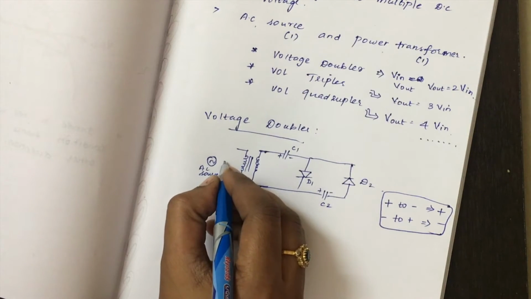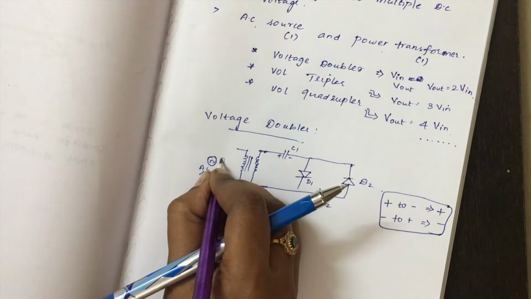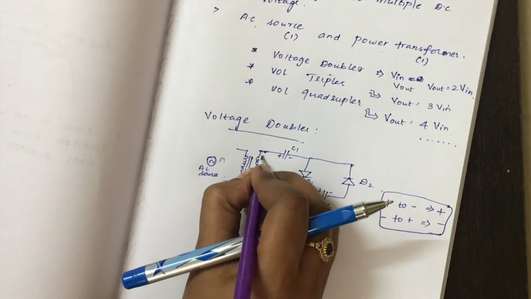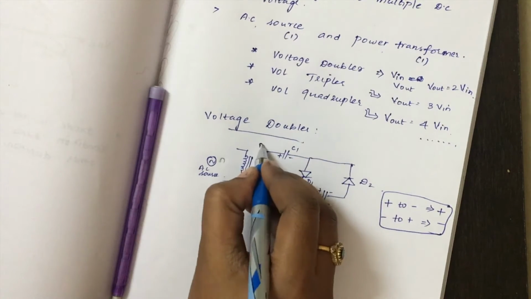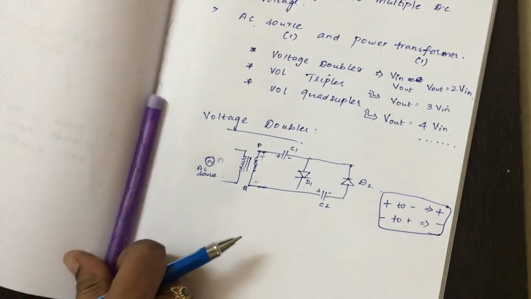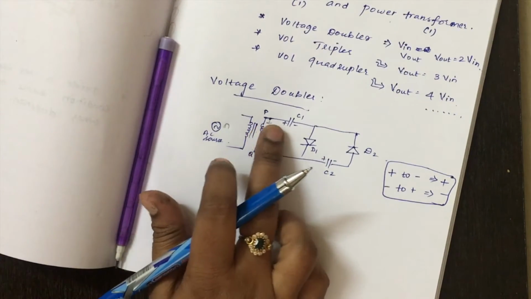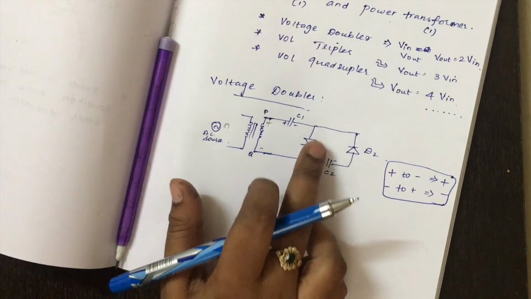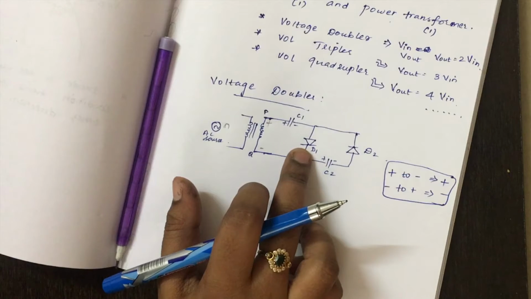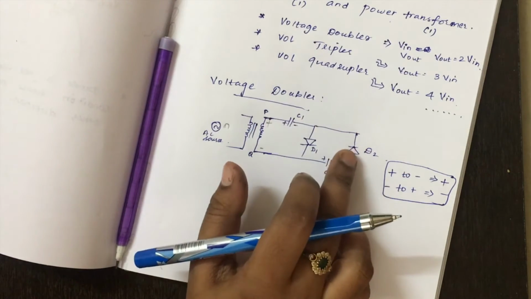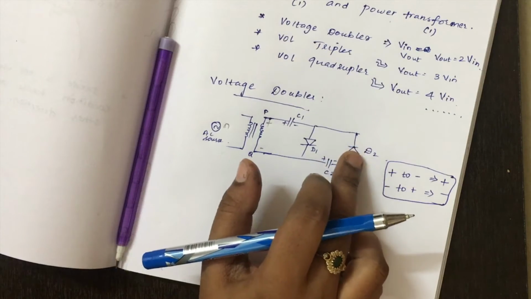When the positive signal is applied, this will become plus, this will become minus. Say this is P and this is Q. When this plus is applied to the anode of diode D1, this diode will turn on, and when this positive is applied to the cathode of diode D2, D2 will turn off.